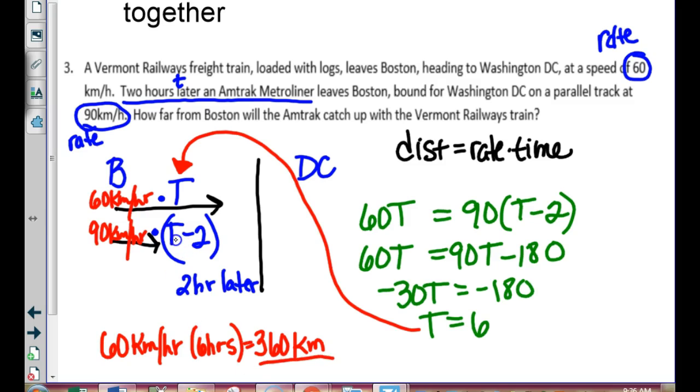If we had plugged it in the second one, we should get the same answer, right? So the answer is how far from Boston? It's 360 kilometers is the distance they're looking for. I don't think there's one like that on the quiz, but there might be one assigned on 5B.